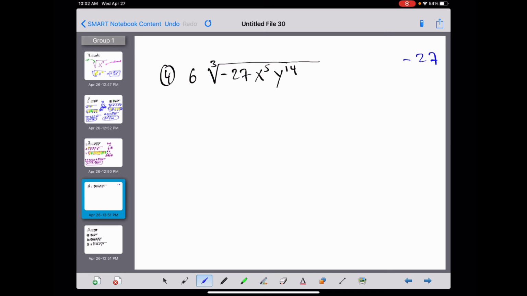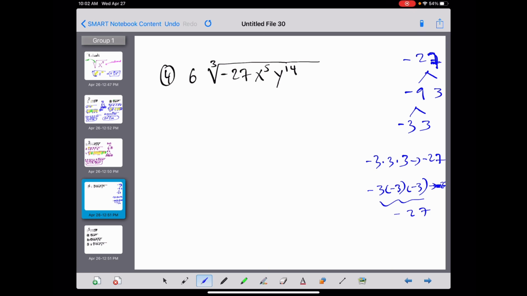For negative 27, we have a negative 9 and a positive 3, or we have a negative 3 times 3 and 3. That's negative 27. Or we have another choice of making all of these a negative. You guys see that? This is negative 27, and this is also negative 27.